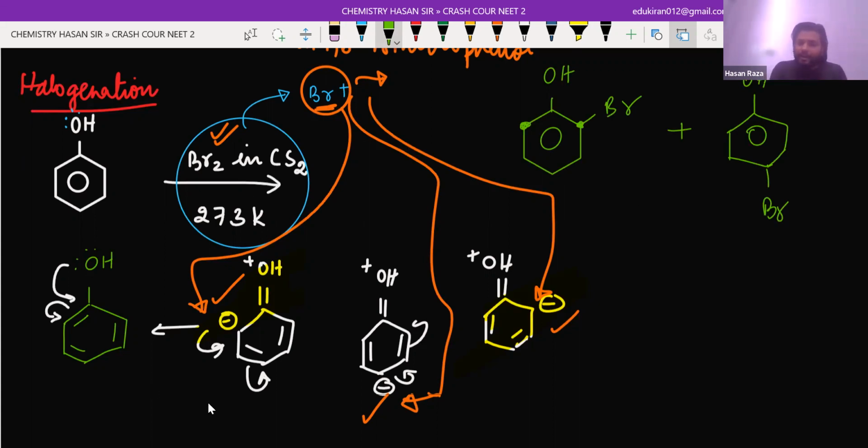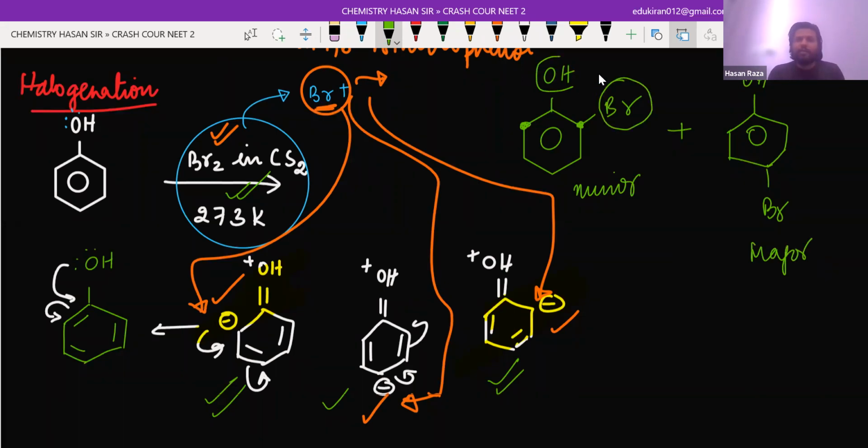Since ortho and para are different, you get two products, one at ortho, which is minor, and one at para, which is major. Why is ortho minor? Because Br has a larger structure geometry, and this also has something, so there will be repulsion. That's why it is less stable, and hence the minor product, and this will be your major product.